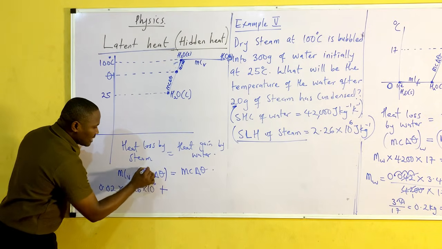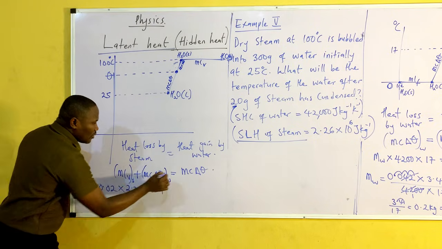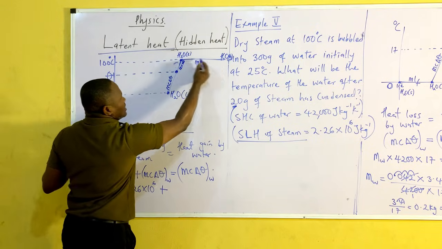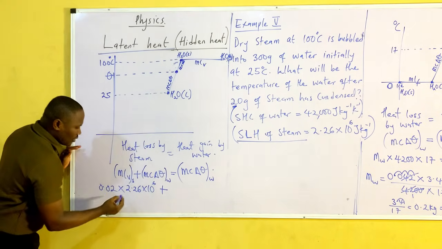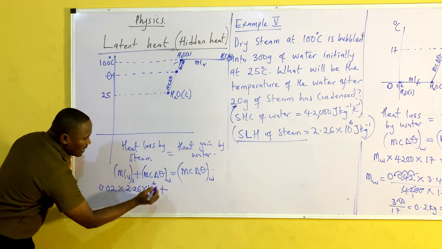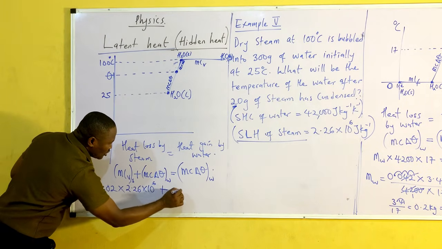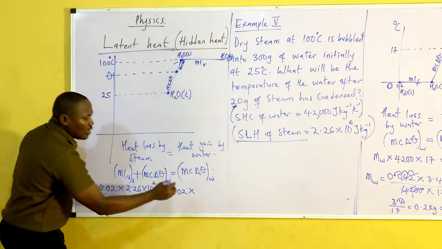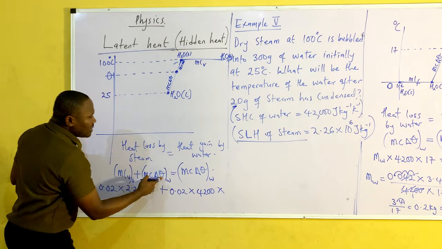Now remember, this is now water. This is for steam, while this also is for water. This is steam becoming water also. So now this plus this, times this, plus the mass of the steam that is now water, is the same thing as 0.02 times the specific heat capacity of water, which is 4200, times the temperature change.